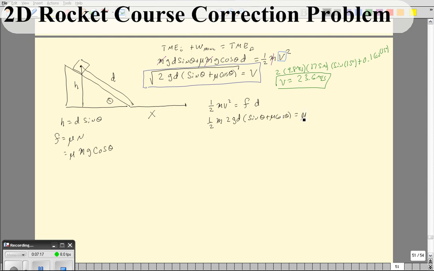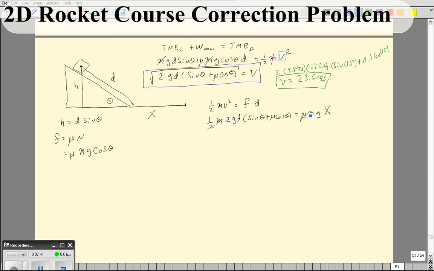Now in this case there's no cosine because we're on the flat, so it's going to be the same magnitude as the weight force, mu mg d, or really I should say this is x, and we want to solve for this x. So we're going to divide this over. By the way, let me just cancel out these.